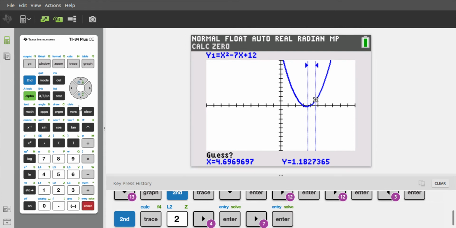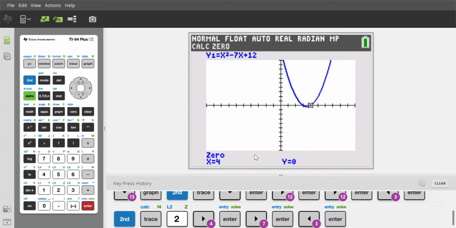I'm going to push enter, and then I'm going to shimmy back to where I think it is and push enter. And notice you get a 0 at x equals 4. So that means x equals 3 and x equals 4 are zeros of my quadratic, and all that really indicates is that is where it crosses the x-axis graphically.